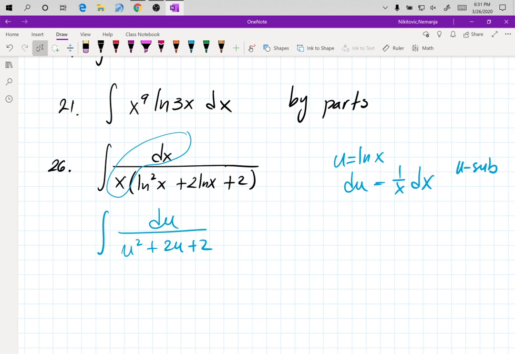Let's see if anyone figures it out. Any suggestions? Come on, think about it.